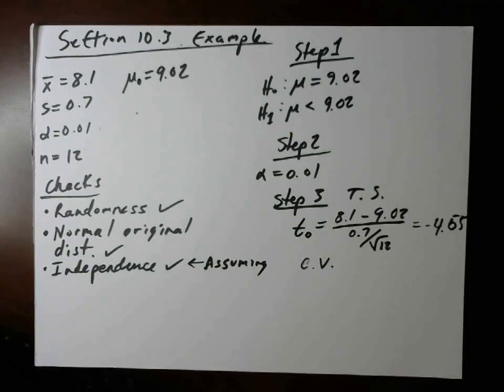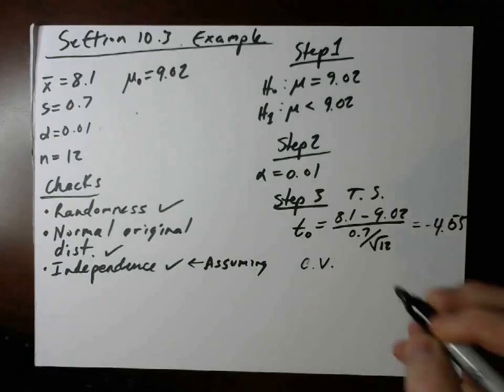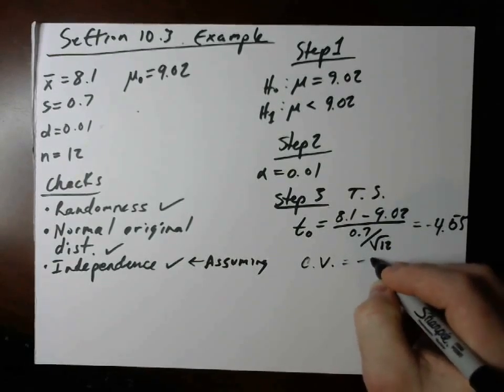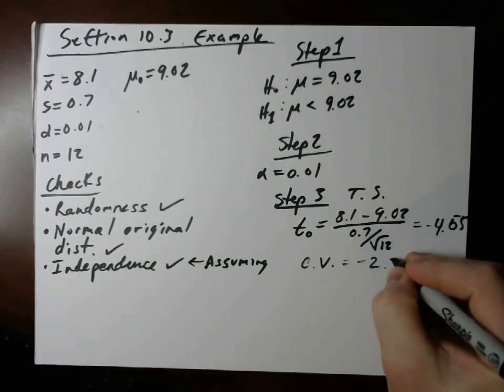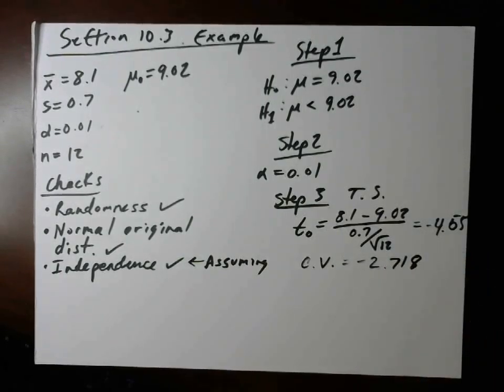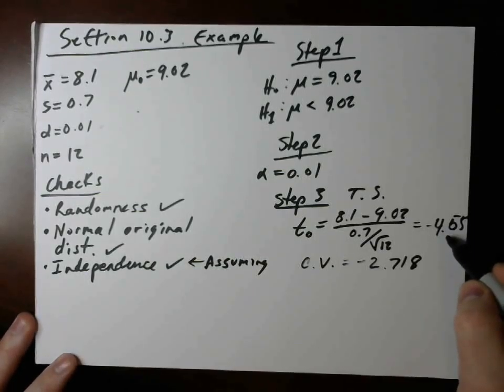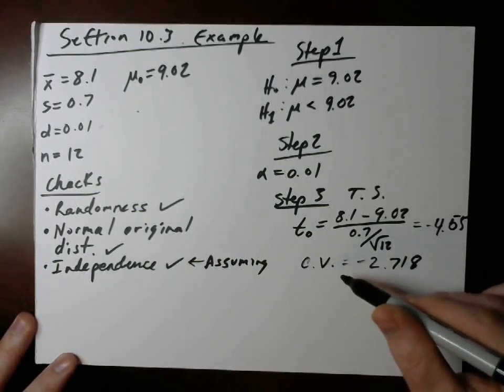And then we would want to look up 0.01. Right there. So I have a value of 2.718. Since we're doing a left tail, that would be a critical value of negative 2.718. Okay? So as we can see, this is significantly far away compared to the critical value.